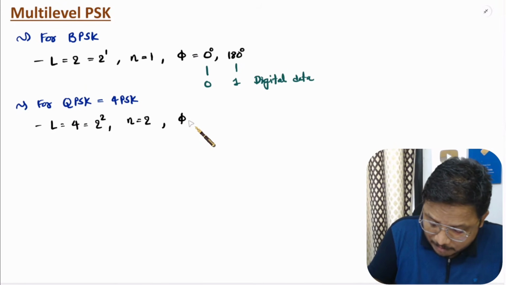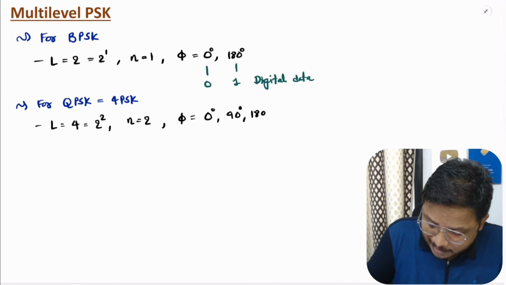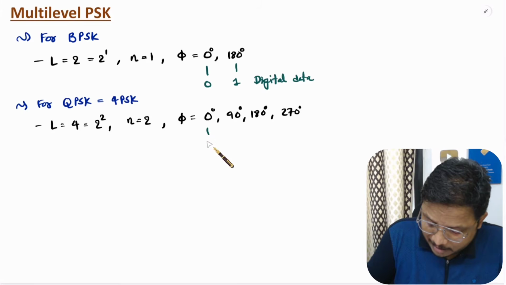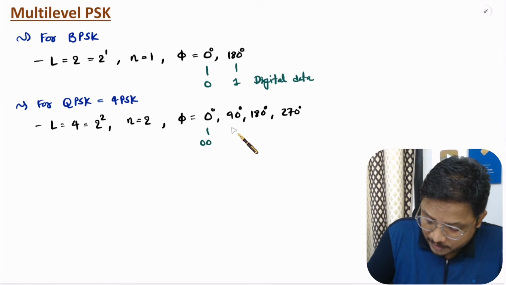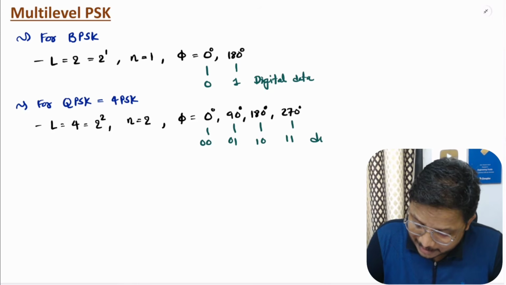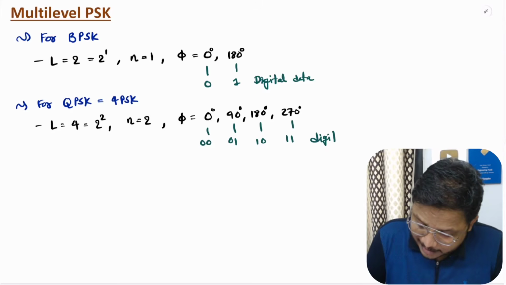So with each symbol, the phase will be 0 degree, 90 degree, 180 degree and 270 degree. If you talk about digital data, then 00 has phase 0, 01 has phase 90 degree, 10 has phase of 180 degree and 11 has phase of 270 degree, right? So that is how one can understand digital data.